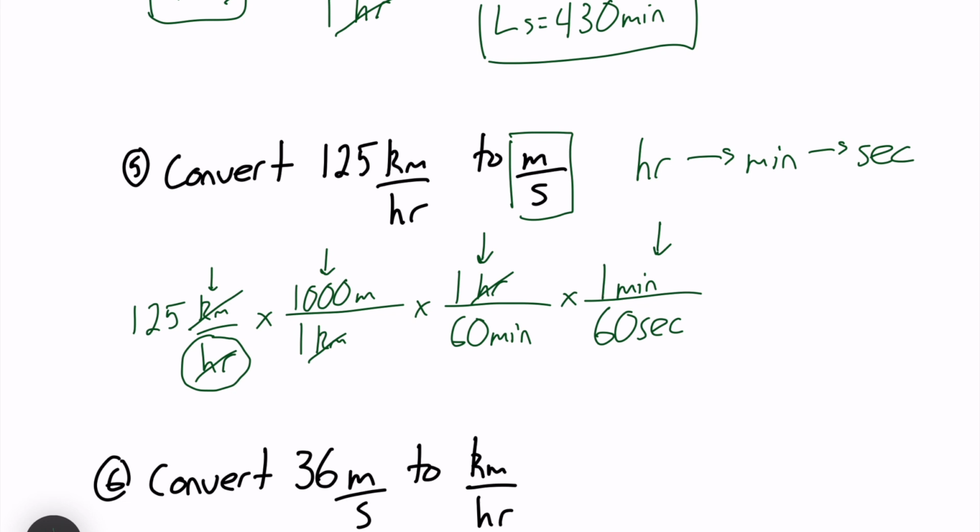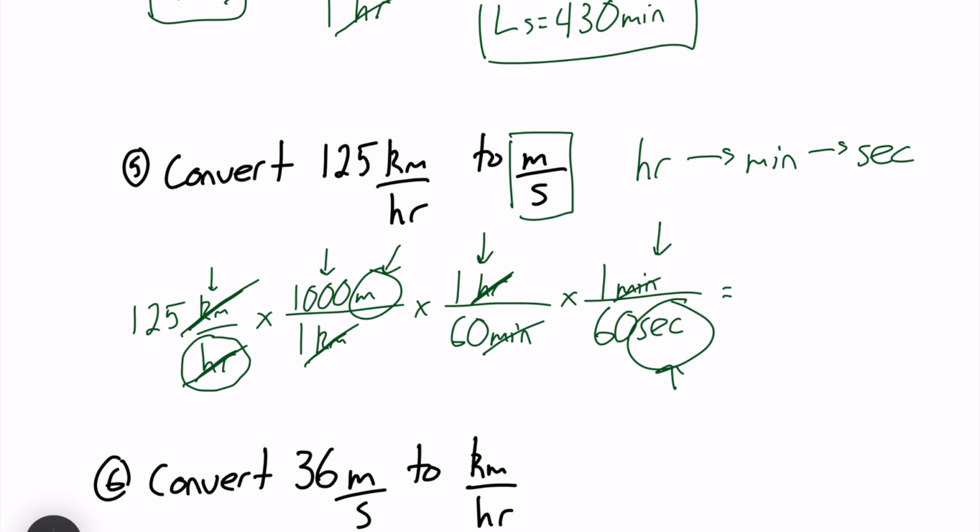Now let's just cross out the units to make sure we ended up with what we want. We have minutes on top here, minutes on the bottom here. Hours already crossed off there and there. And kilometers are crossed off. We are left with meters per second. We are good to go. We can throw this in our calculator.